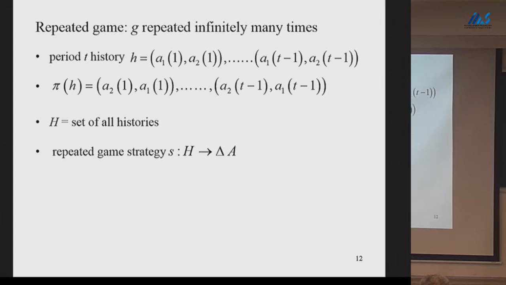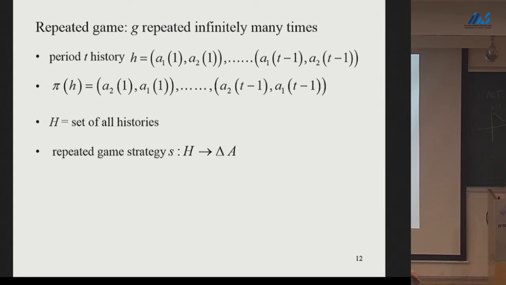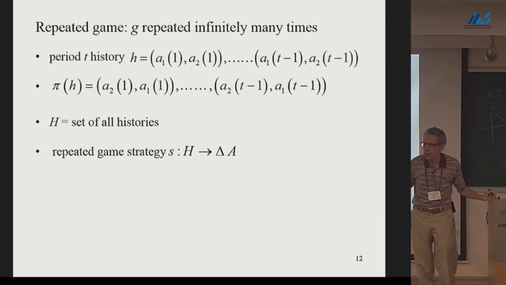And a repeated game strategy is just a mapping from the set of histories to randomizations over actions. Actually, for my purposes today, let's just look at degenerate randomization.